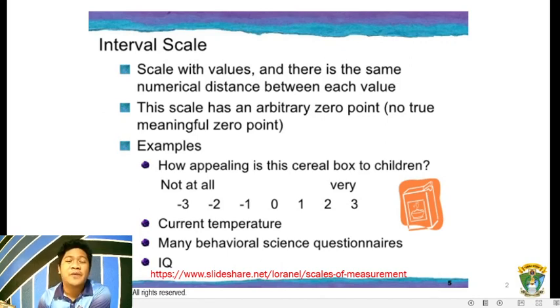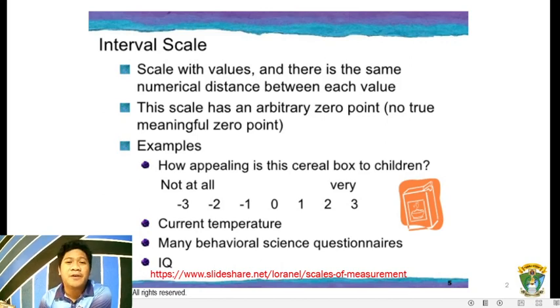Even in your quizzes or in your examinations, if you got zero in a particular quiz or exam, that doesn't mean that you did not learn anything from the class or from the lesson. It means something about your performance, or maybe the questions given were not fit to what you know.